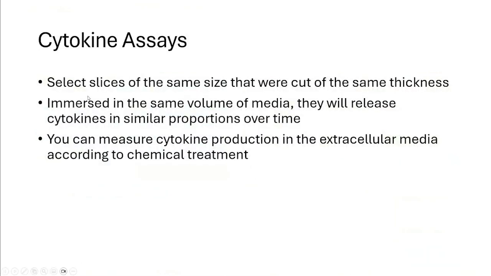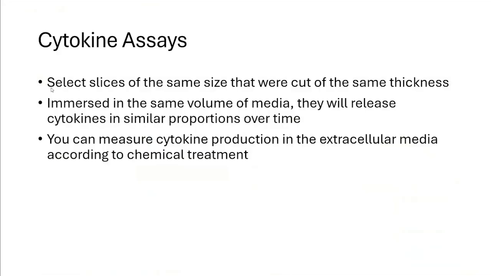So you can do cytokine assays. It is also possible, once you have your slices in media and you've verified that they're viable, contractile, and healthy, to do a treatment.